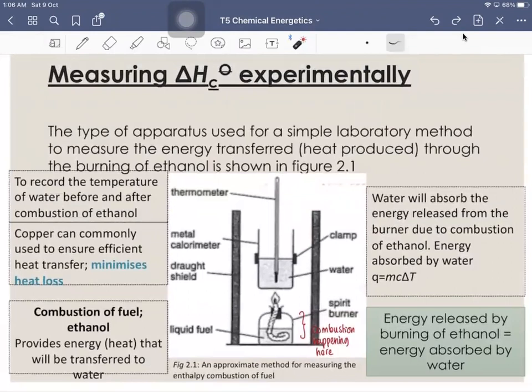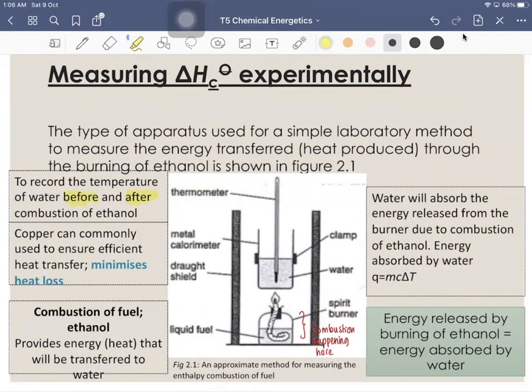So let's go through the details here. The thermometer is there to record the temperature of water before and after combustion of ethanol. You want to know how much the temperature has changed after the combustion happened. In order to do this, you need initial and final, so that's why you have before and after.